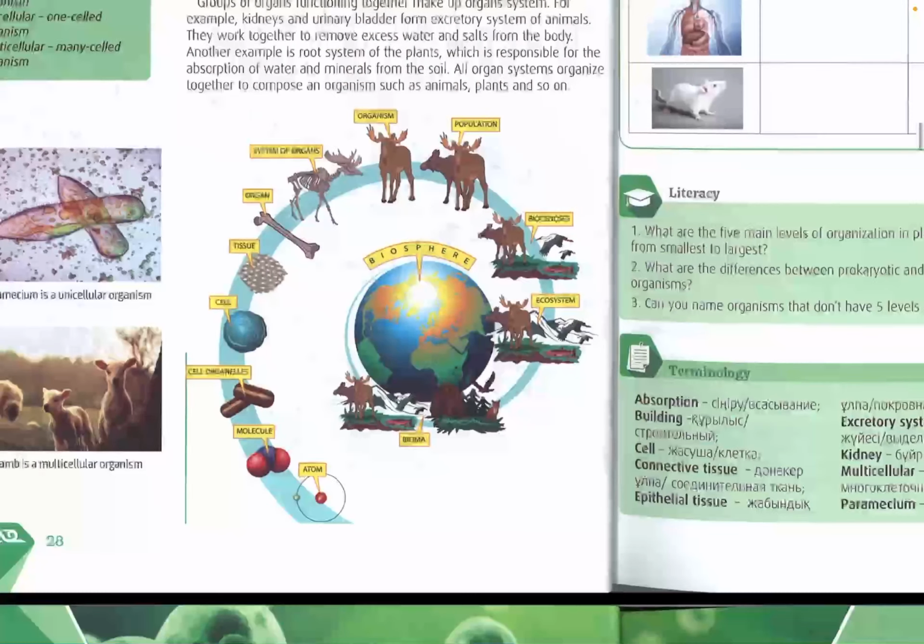Several same species living together at the same time are called population. Then several species living together, biocenosis. Then several biocenosis which interact with the environment are called ecosystem, and then biosphere.